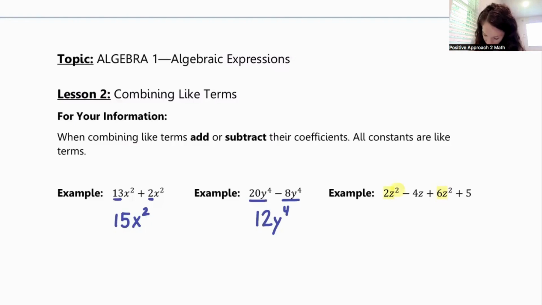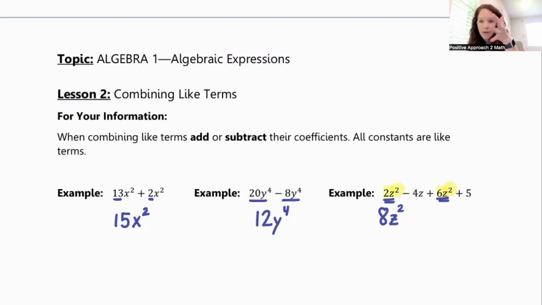Those would be like terms because of that second power on each of those z's. So I can combine those first. 2z squared plus 6z squared. I would add them. That will give me 8z squared. I'm going to put a line there so we can make sure it's not a 2 squared. So I can combine those like terms.